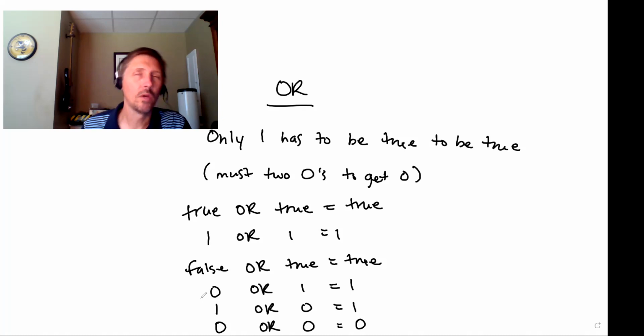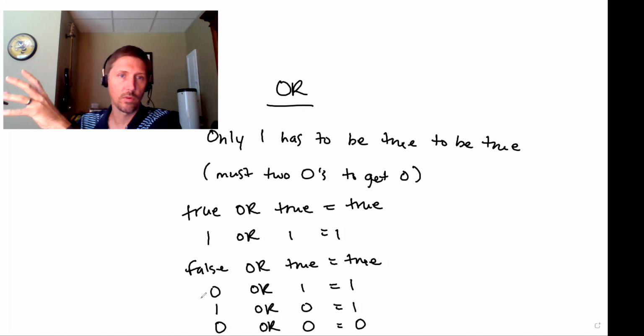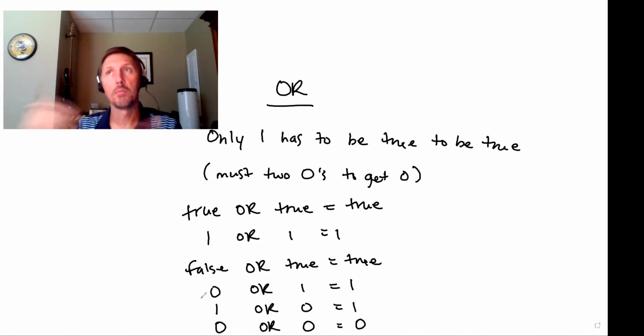All right, and this sort of makes sense when we think about it in the English language. When I say something AND something, I'm including both of those things. And so that's why you've got to have 2 trues to get a true. Both of those things have to be true in order for the final result to be true. But when we say OR, you can either take, just because I'm looking at it on my desk here, the lamp or the globe.